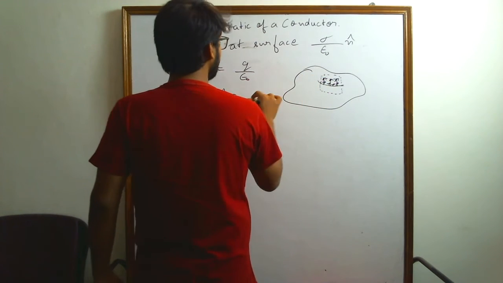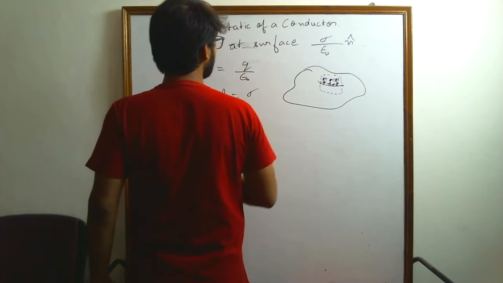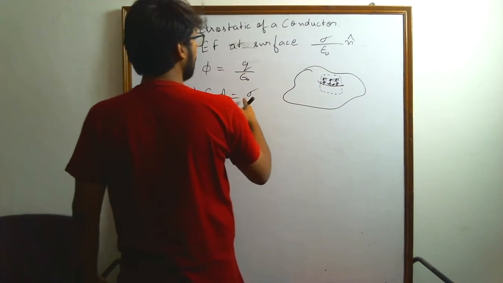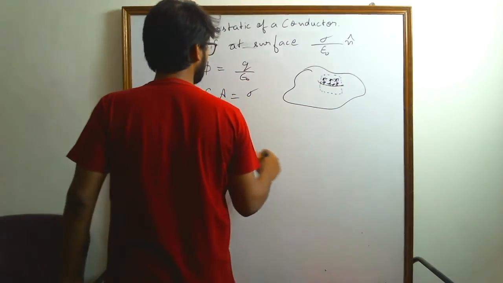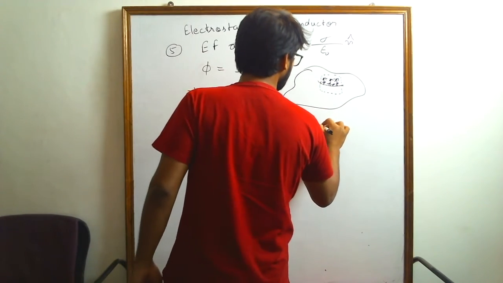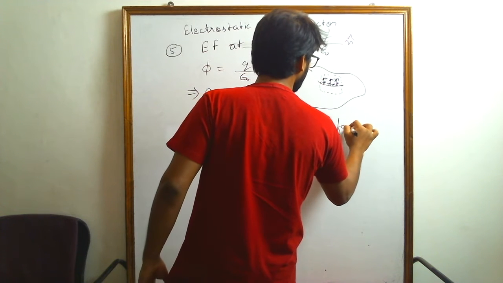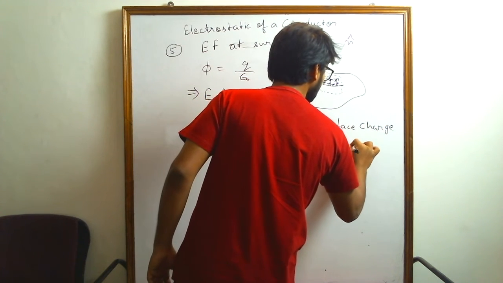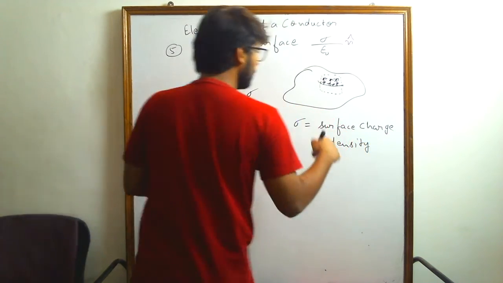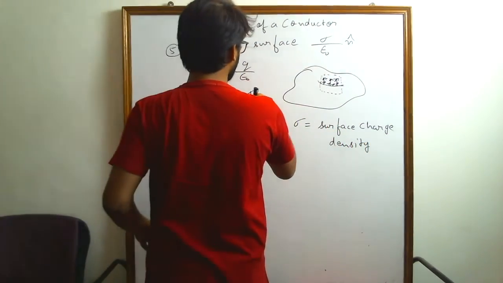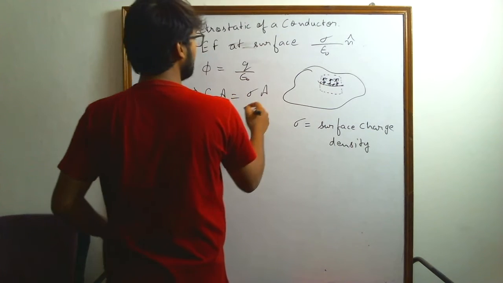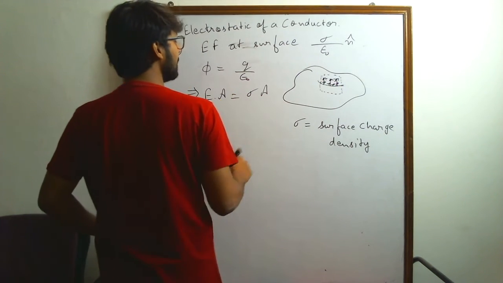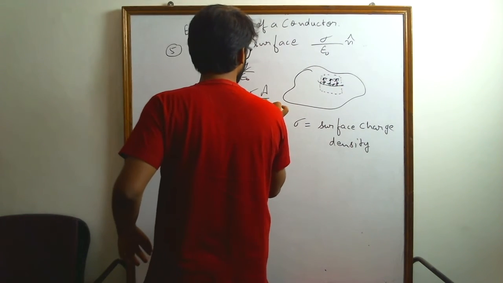Now let's call that surface charge sigma, right? So sigma is essentially surface charge density. That means charge per unit area, and of course charge per unit area into the area will give me the total charge in this area, upon epsilon naught.